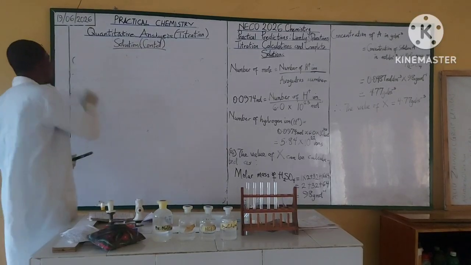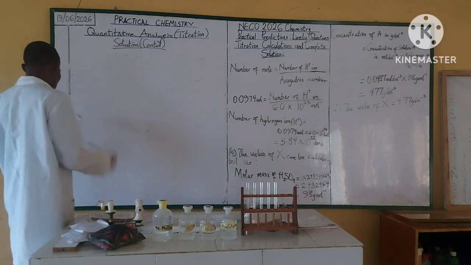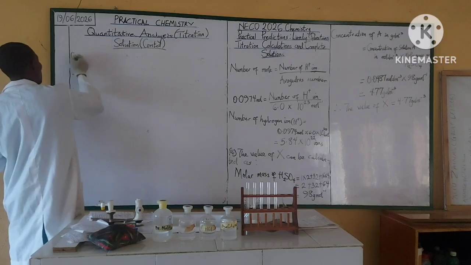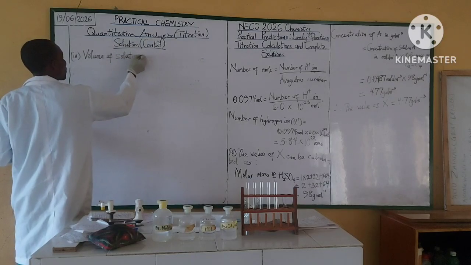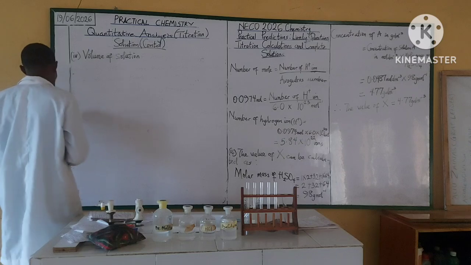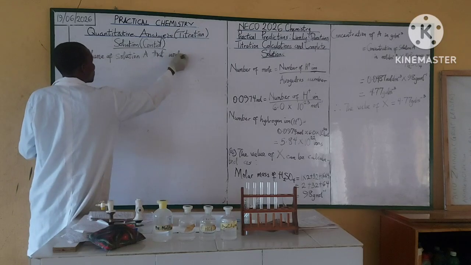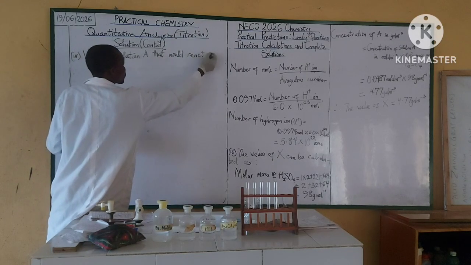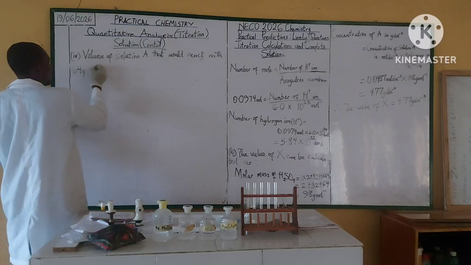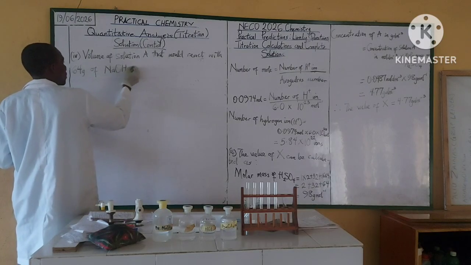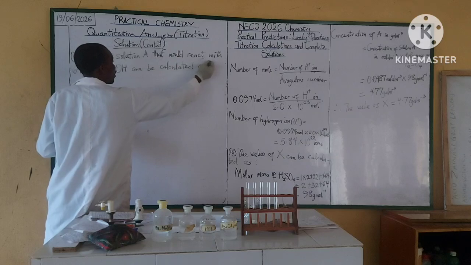Say the volume of solution A, number 4, the volume of solution A that would react with 64 grams of sodium hydroxide can be calculated as follows.